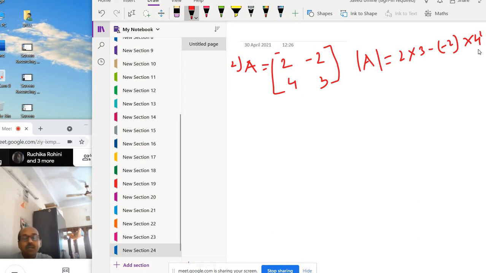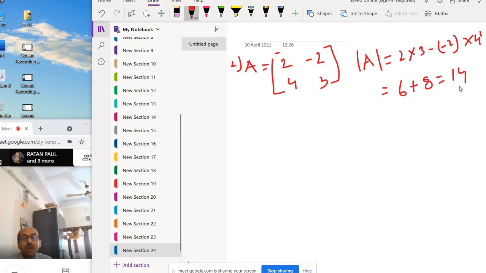So this is the value of this determinant. Calculate this: 6 minus, minus 4 into 2, 8, so 8 plus 6, it is 14. So determinant A is 14. The value of this determinant is 14.